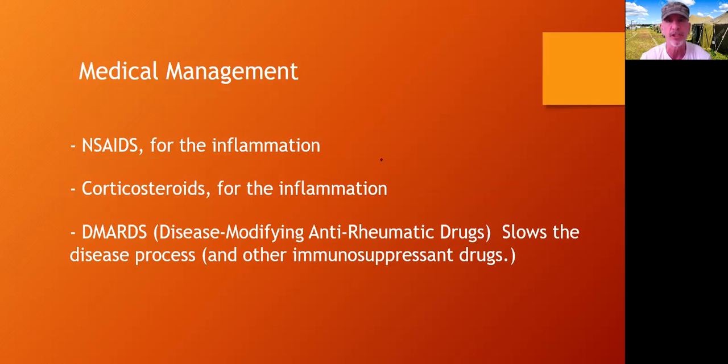So if we can suppress the immune response, it won't attack the joints as much. That's the whole purpose behind an immunosuppressant drug. The bad thing is when you suppress your immune system, you're opening your body up for other types of infections, which is why people with transplants always have to be very careful about not getting sick.